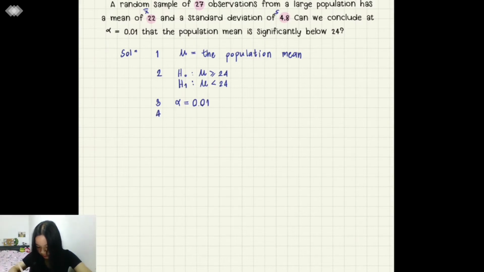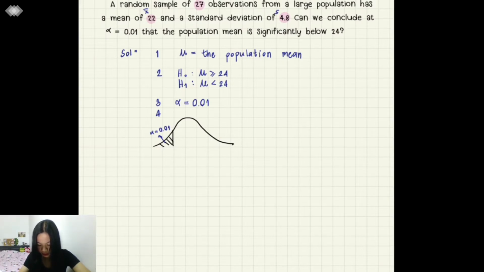Step 4. Now this is a left-tail test. Alpha equals 0.01, so the critical or rejection region will be in the left tail of the distribution.